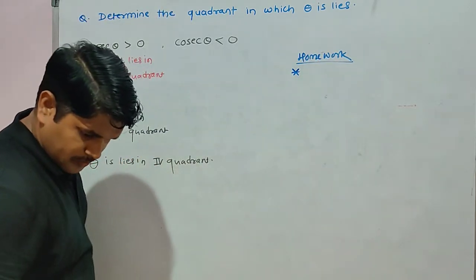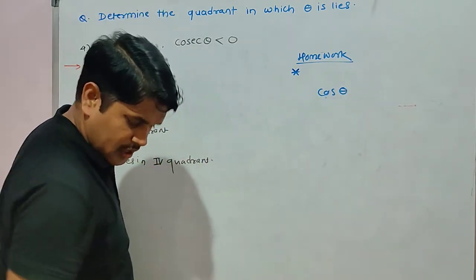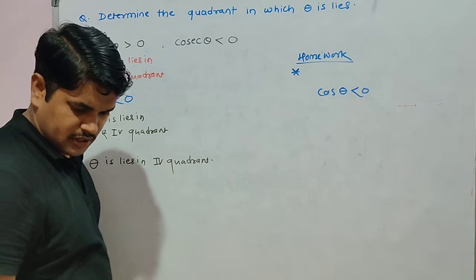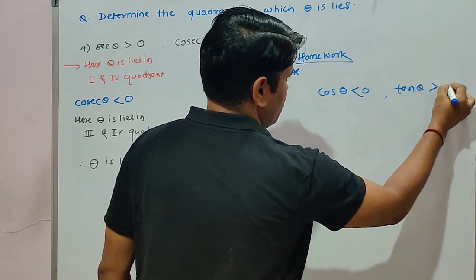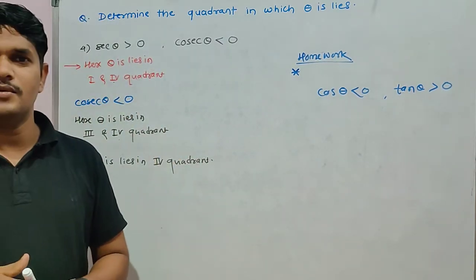Homework: suppose cos theta is less than 0, which means cos theta is negative, and tan theta is greater than 0. Okay, I have written a small homework, solve it in your book.